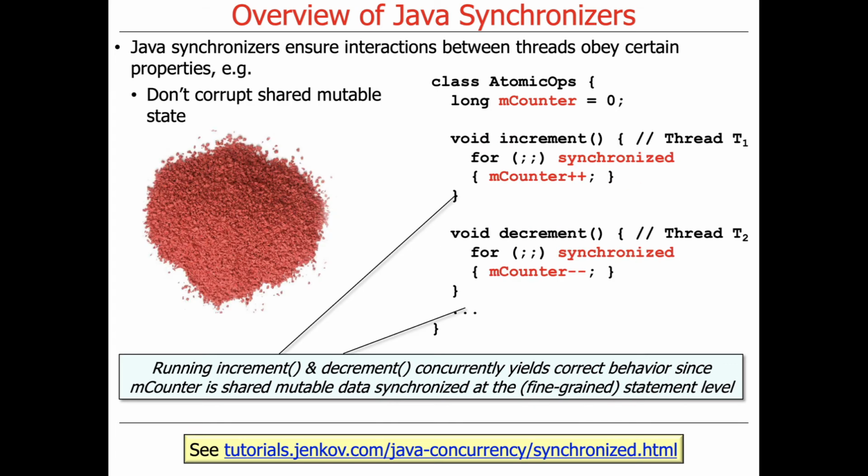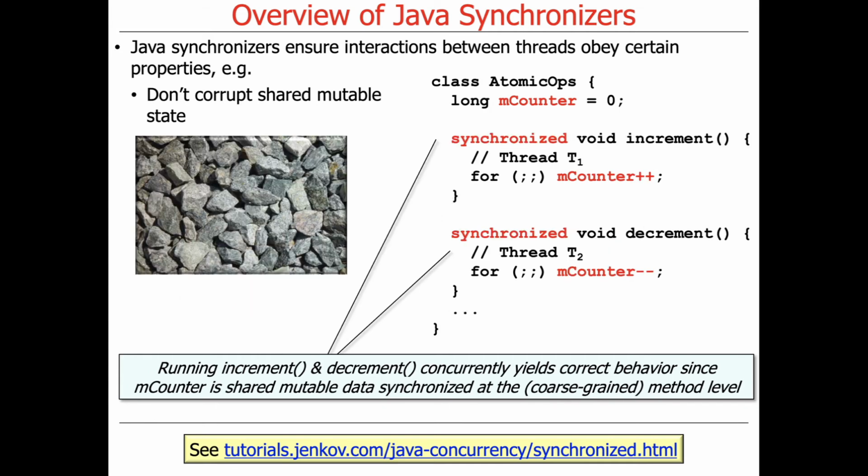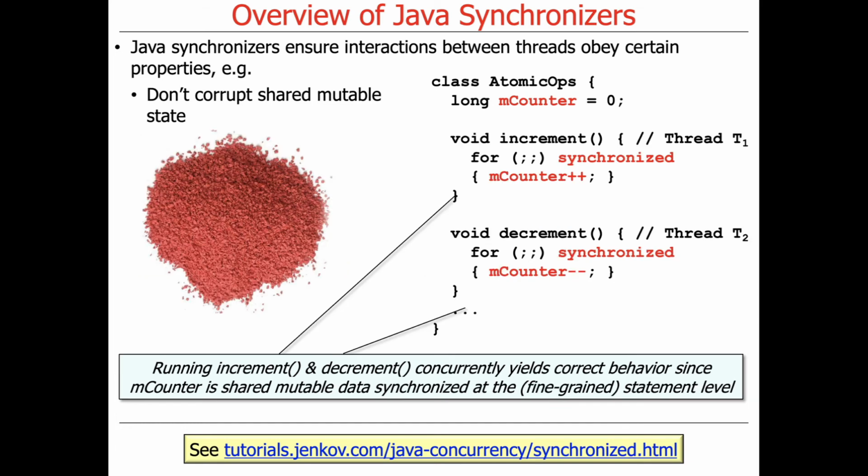Another way to do this, which will give us more relevant behavior for the example, is to use synchronized statements. This is a synchronized method, which means the entire method is synchronized. This means just this statement is synchronized. Every time the for loop iterates, we acquire a lock and increment the counter by 1, and then the other thread gets a chance because it can sneak in next, get the lock, and decrement the counter by 1.